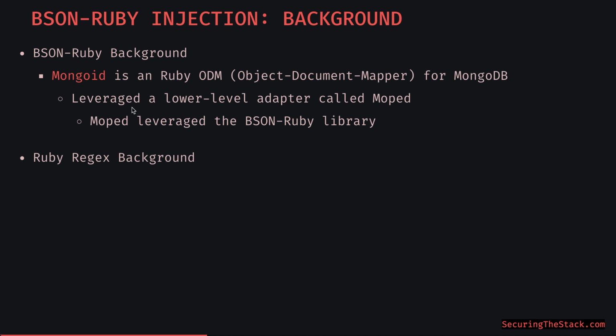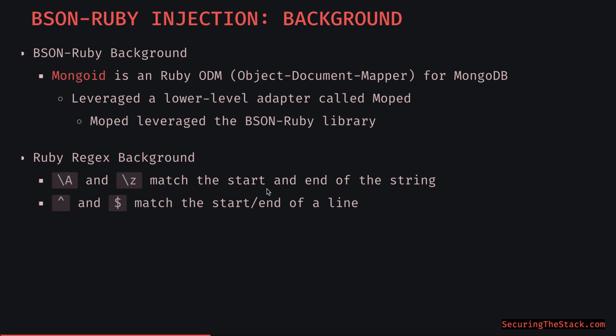Okay, so that's one item, and we're going to see a vulnerability within this BSON Ruby dependency. But before we get there, we need some background on Ruby regexes. In a Ruby regular expression, these items right here match the start and end of a string.